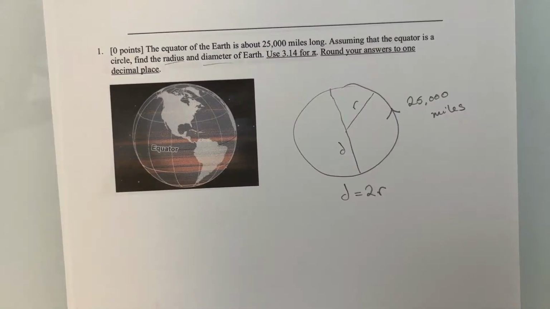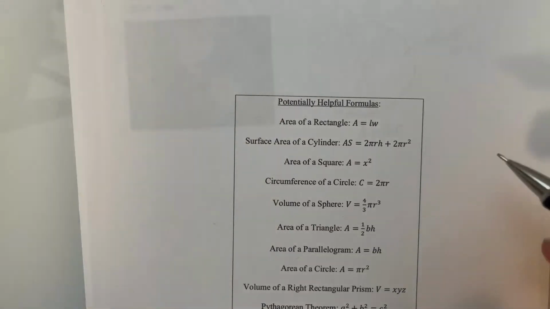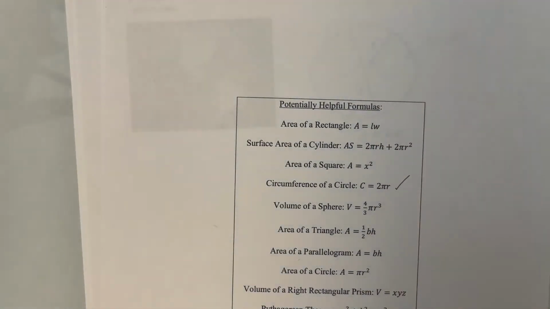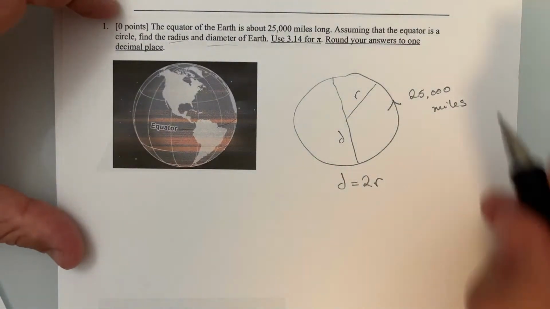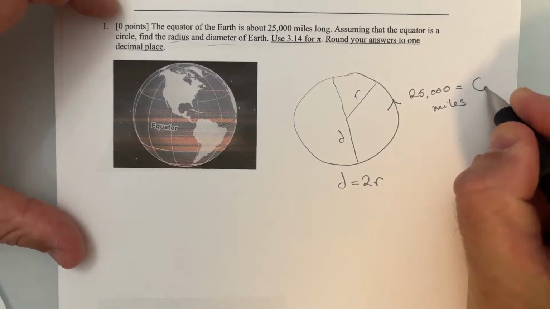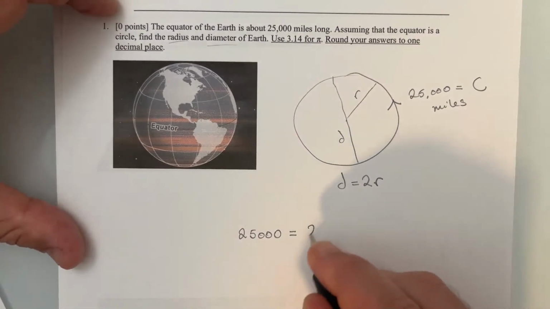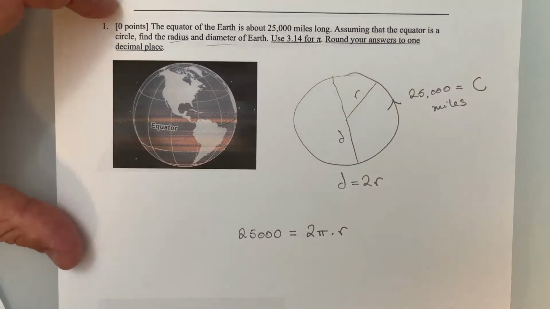Looking at the formula sheet, assuming I'm stuck maybe. I have these, and this one is going to be the winner so far. C equals 2 pi r. So this is C. We have 25,000 equals 2 pi times r from that formula.